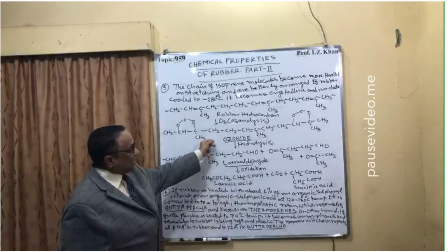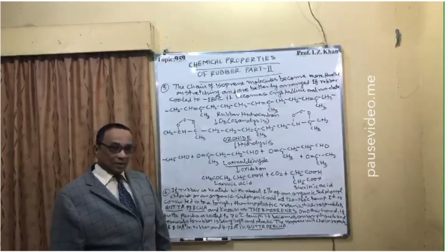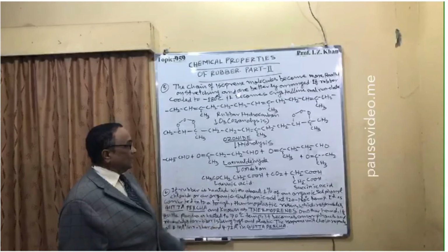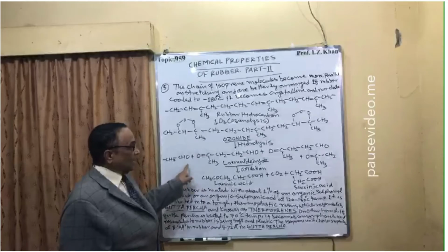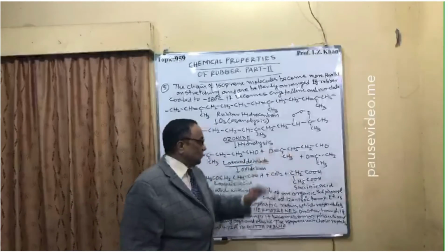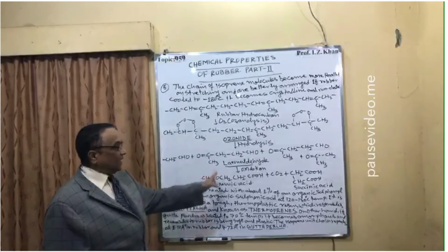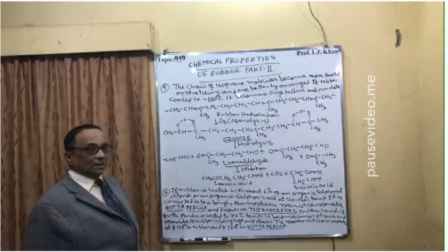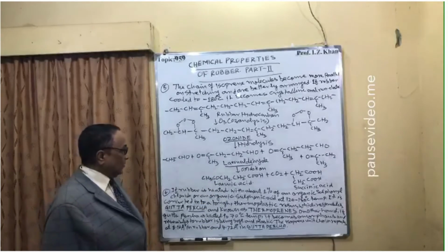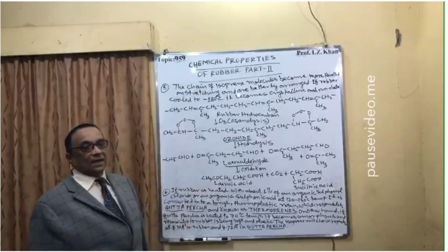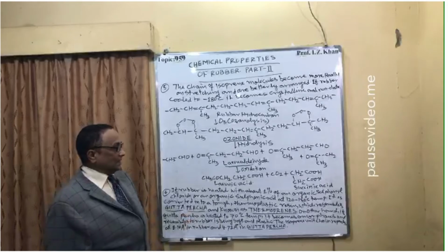When this ozonide is subjected to hydrolysis, you get levulinaldehyde and some keto group, these two, and after hydrolysis it is again subjected to oxidation. The further oxidation will give you levulinic acid, succinic acid and carbon dioxide gas.